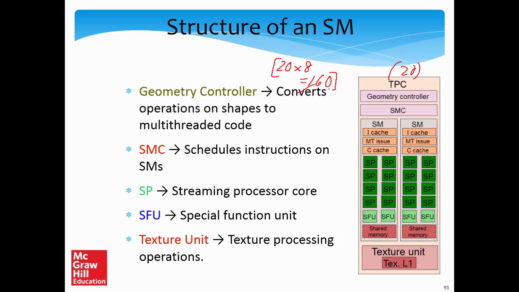But the main thing is that we have 160 cores active at the same time, which means that 160 instructions are being processed at the same time, which will give us a massive amount of parallelism. After this, the texture unit does the texture processing, but that is not really important for us at this stage. We are mainly concerned with the SPs and the SFUs.